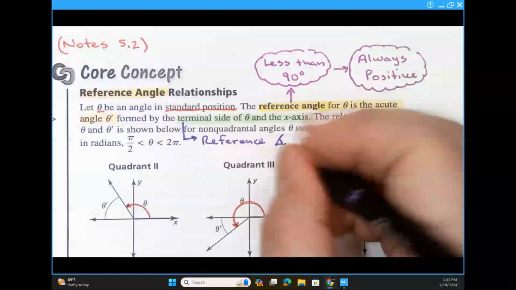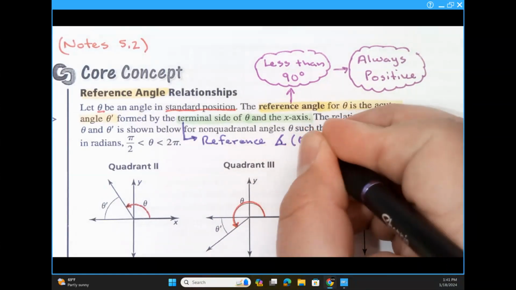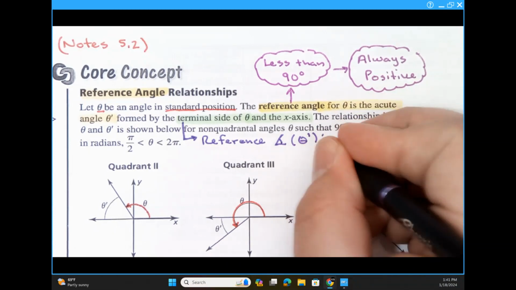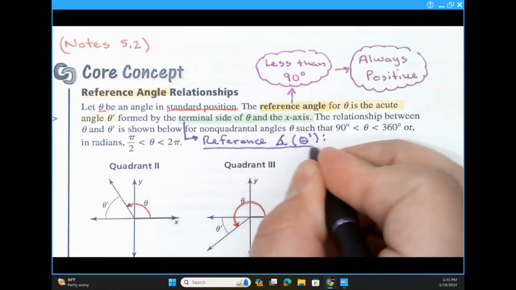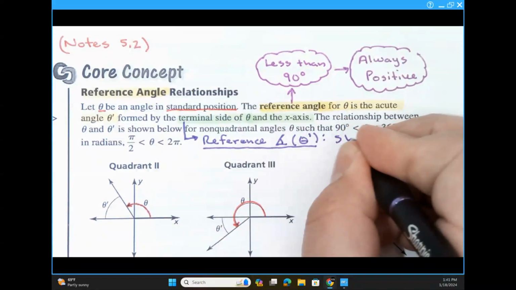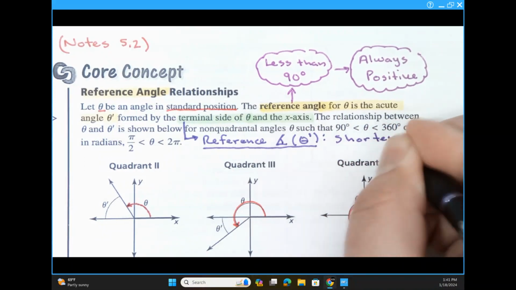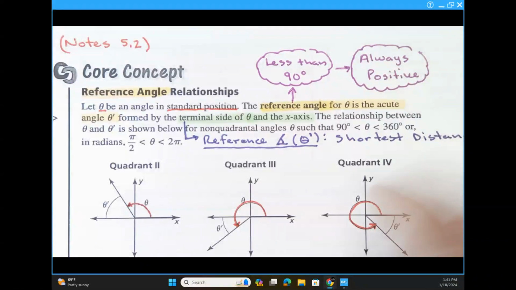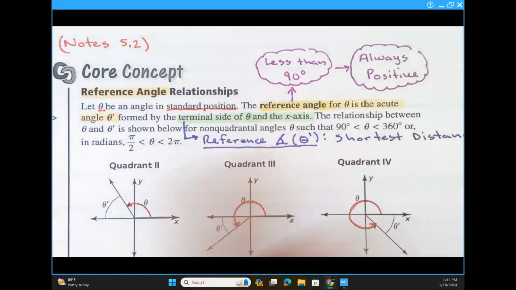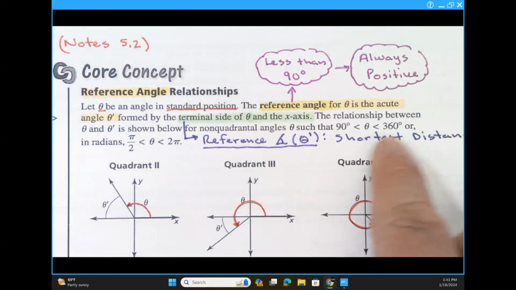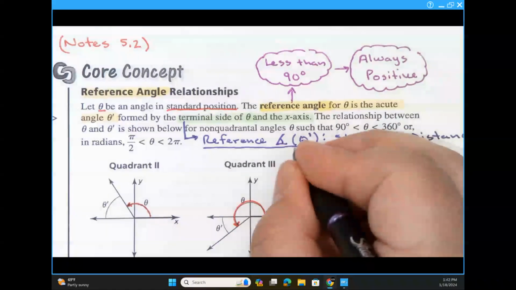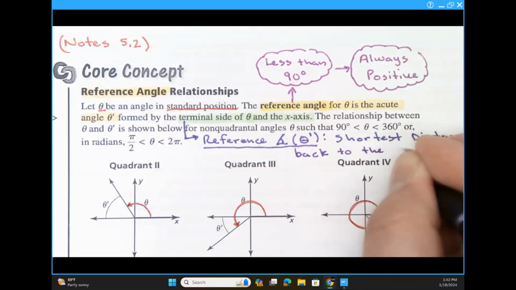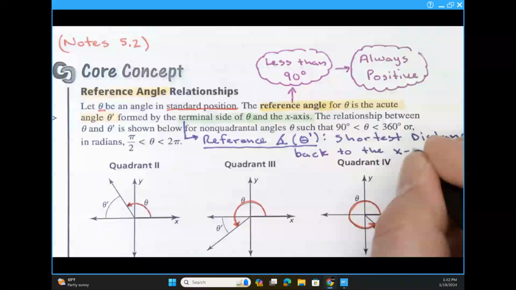My reference angle, which they are calling theta with the little prime just to give it a new look, basically think of it this way. It is the shortest distance, or the shortest path, people like to say. You could pretend like you're walking along a circle here. It's the shortest distance back to the x-axis, which is what it says here.